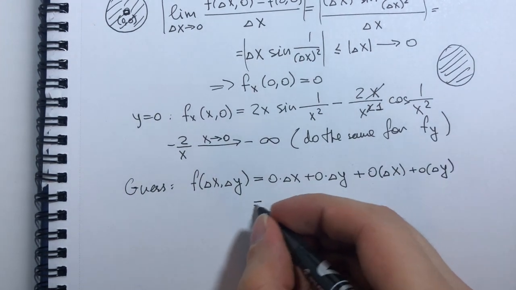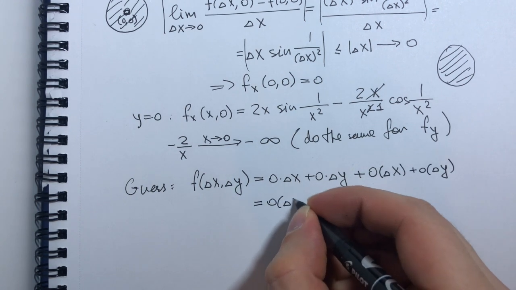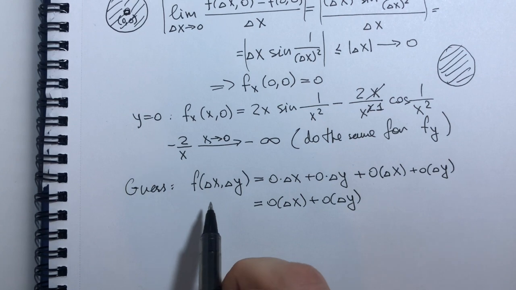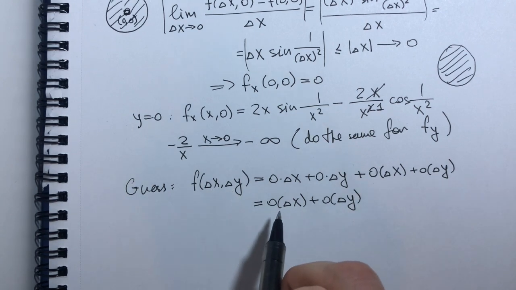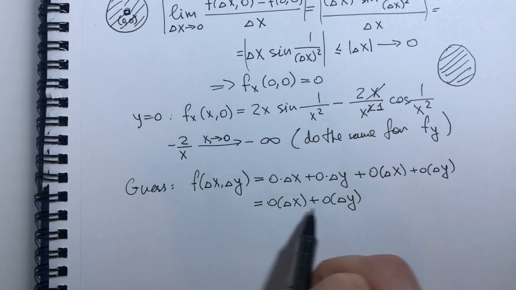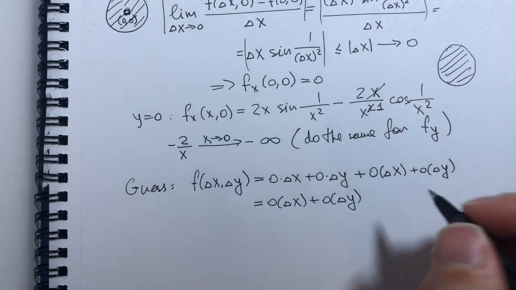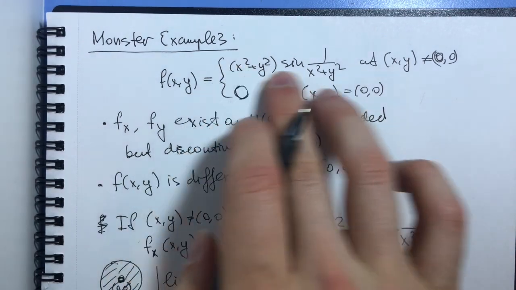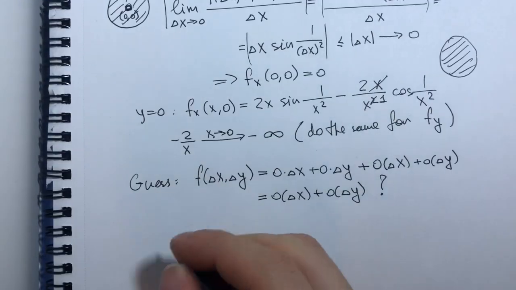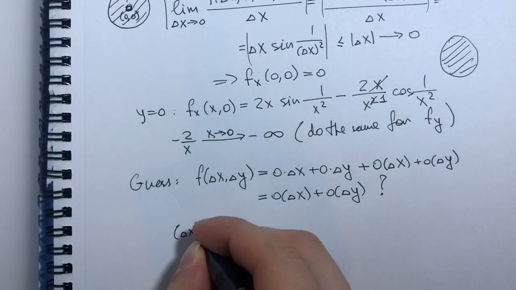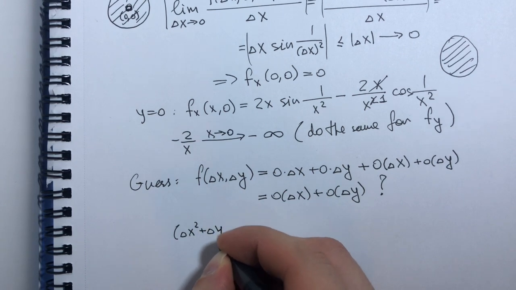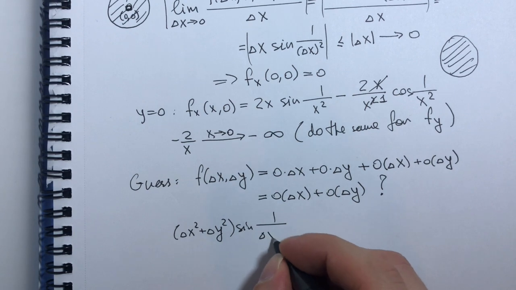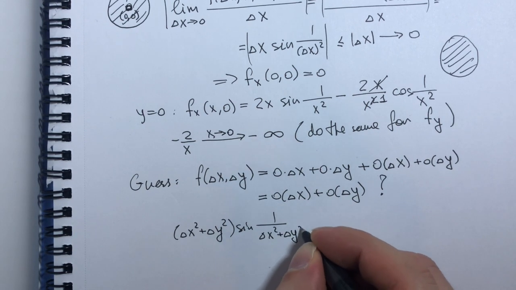So actually, it is just the same as claiming the following. My function is just o little of delta x plus o little of delta y. So is this true? Well, let's plug in delta x and delta y to our expression: sine 1 over delta x squared plus delta y squared.